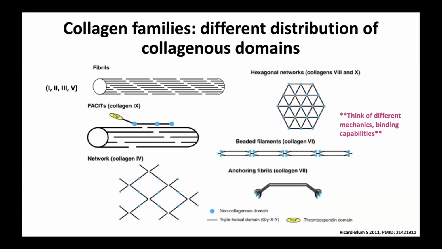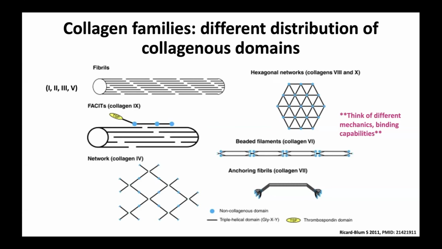So this is just cartoons showing you some of the different families. I think we probably all know about the major fibrillar collagens, type 1, type 2, type 3, and type 5, that form these rigid rods. These are all triple helices that come together. But there are all these other collagens, and you can see in blue the non-collagenous domains.